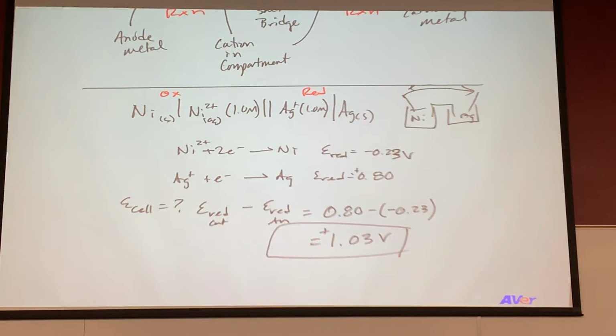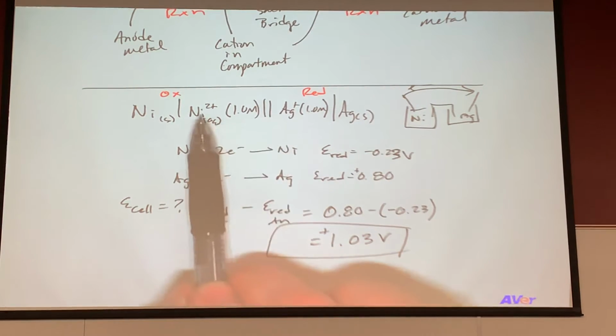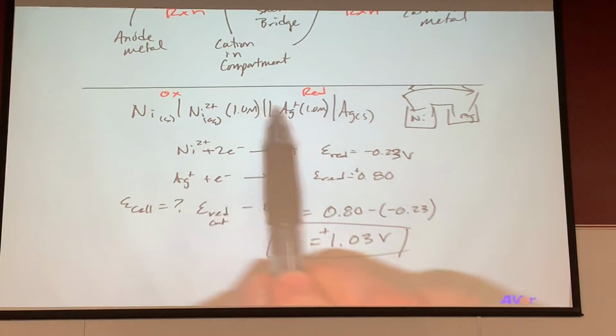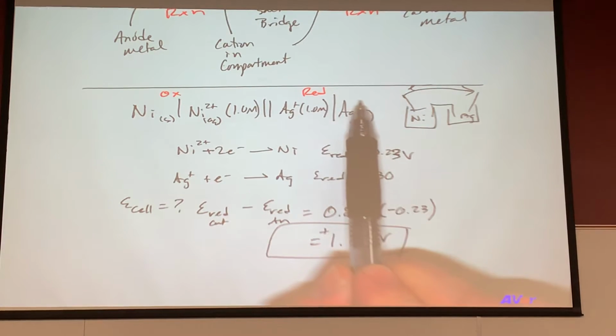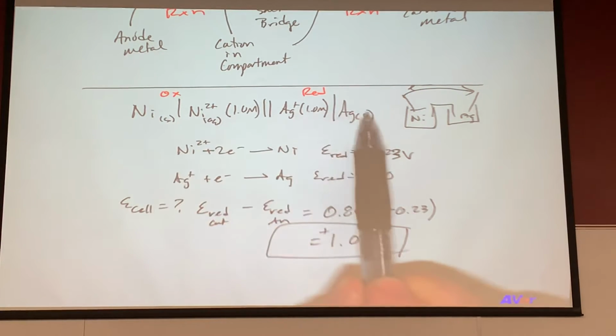Spontaneous. Okay. Anyway, that's what this notation indicates. Salt bridge, oxidation compartment, reduction compartment. Electrodes.